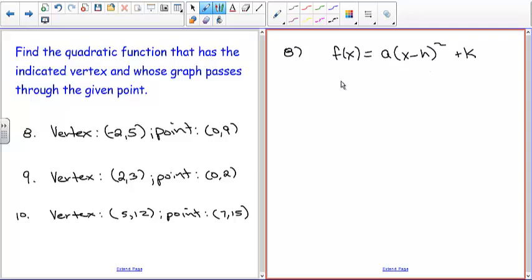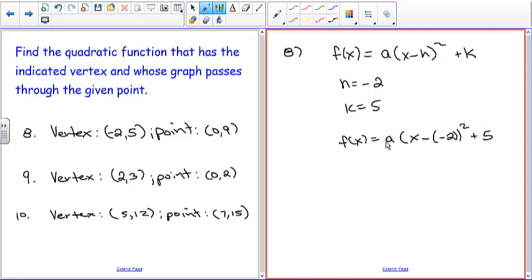For problem number 8, h is negative 2 and k is plus 5. If you plug those in, you get f of x equals a times x minus negative 2, squared, plus 5.